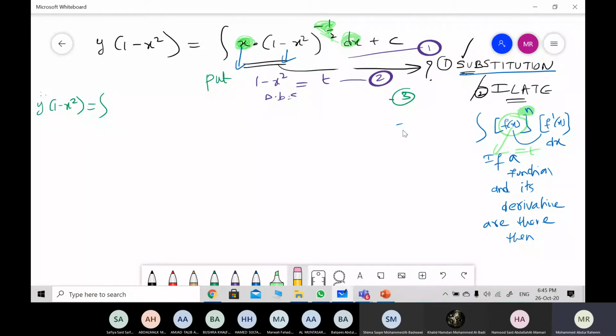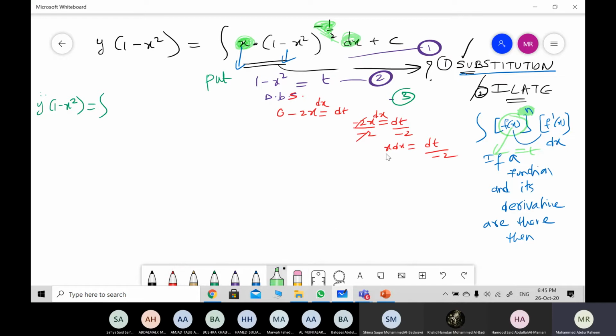It is difficult here. 0 minus 2x dx is a dt. We don't want the minus number, so divide. Sorry, x dx is also there. So x dx is a dt divided by minus 2.